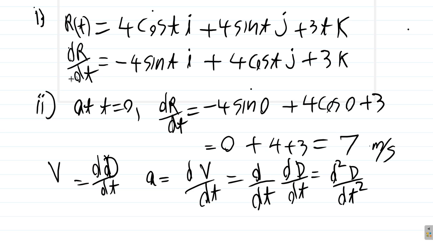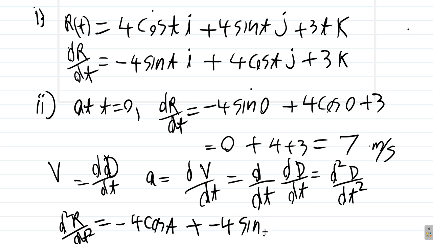So you differentiate this again. So d squared r by dt squared equals: when you differentiate sine, you get cos, so it's negative 4 cos t, plus when you differentiate cos, you get negative sine, so negative 4 sine t.